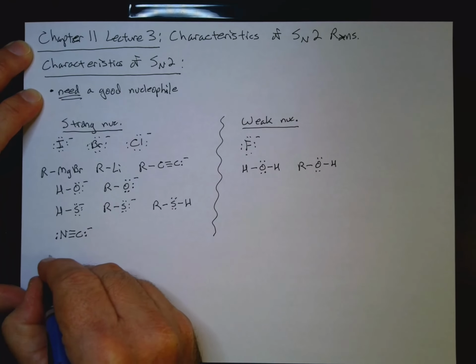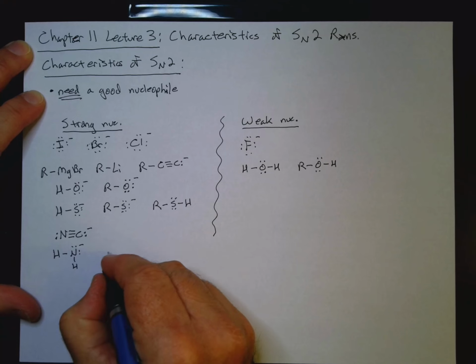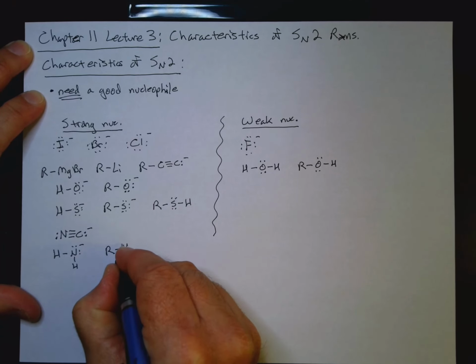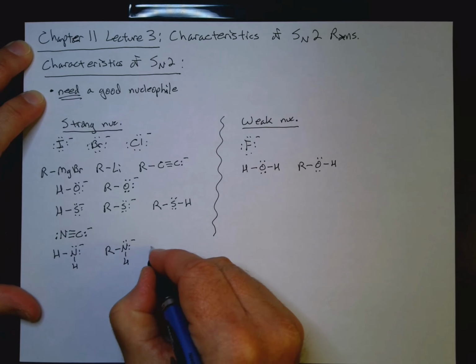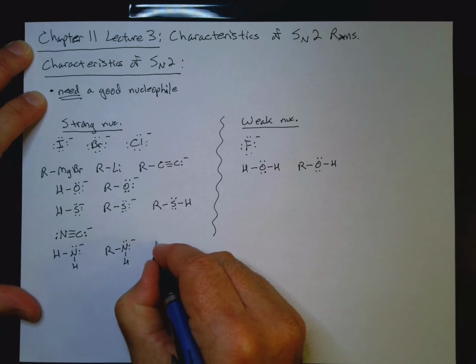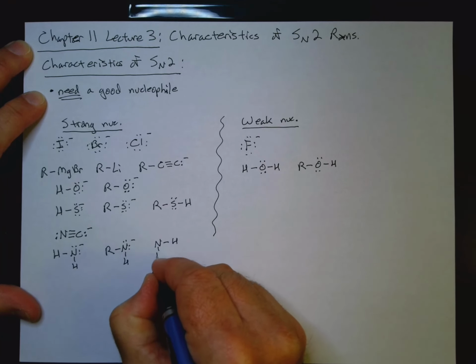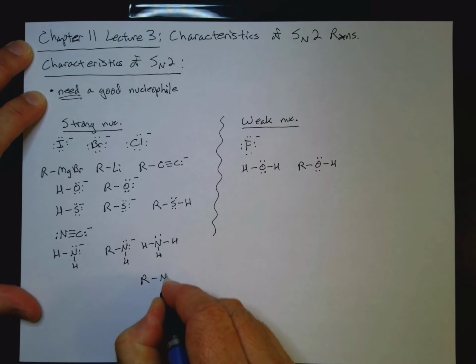Ooh, I should add here NH2 minus and RNH minus, and actually something like amines are good nucleophiles, so ammonia is a decent nucleophile, and then RNH2.